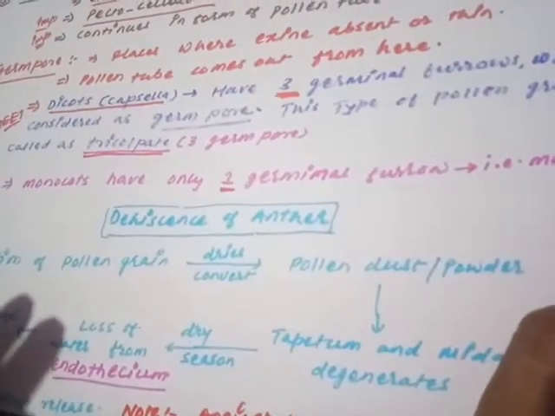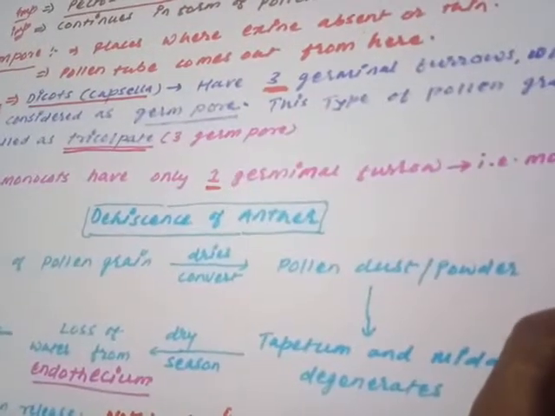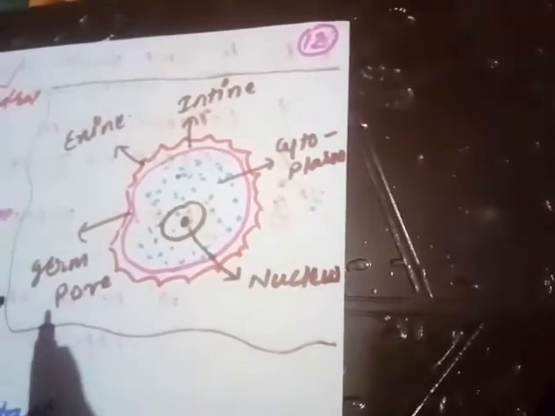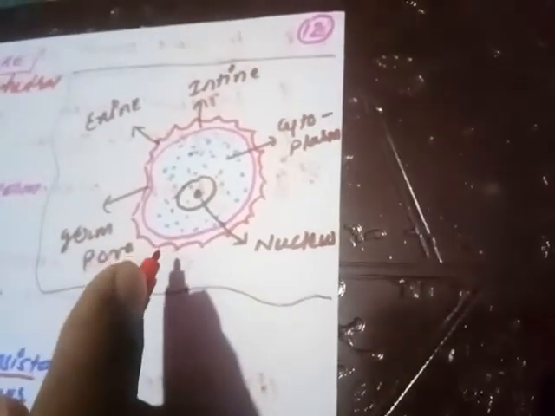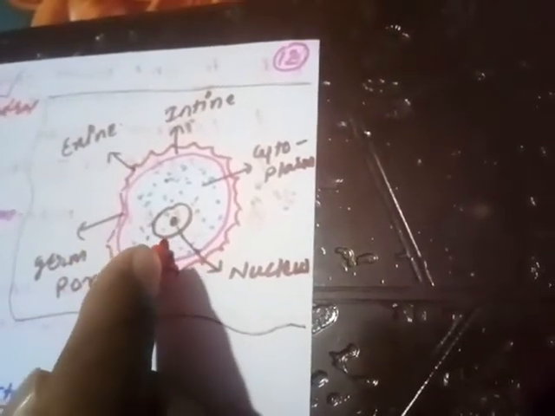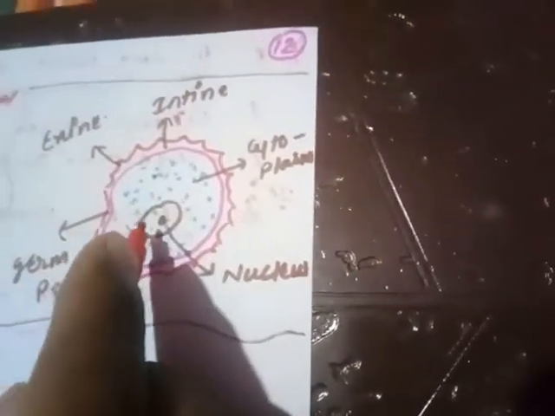I think now is the time to understand the structure with the help of a diagram. Whatever we have explained till now, I'm going to show you with a very simple diagram. The nucleus is present here, surrounded by thick and dense cytoplasm.